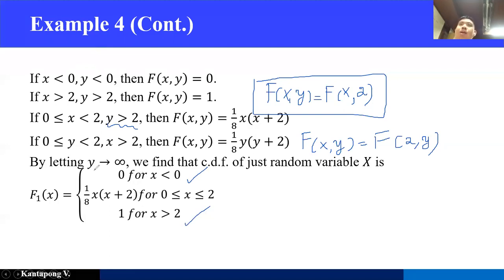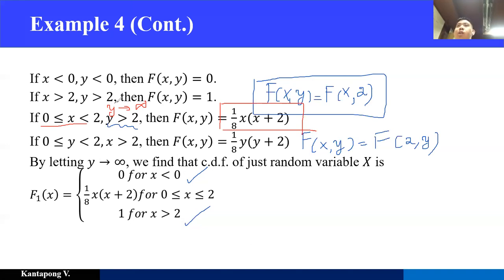But if we want to get this one, we do it since we know this is the CDF of x and y when x is between 0 and 2, and y greater than 0 is the same as y going to infinity, because the support ends at y equal to 2.